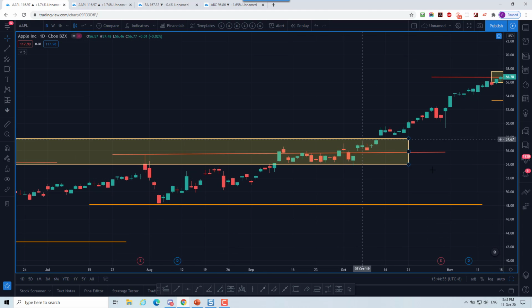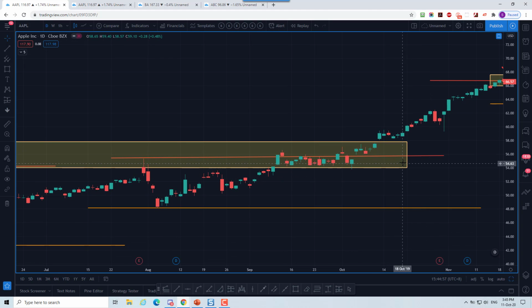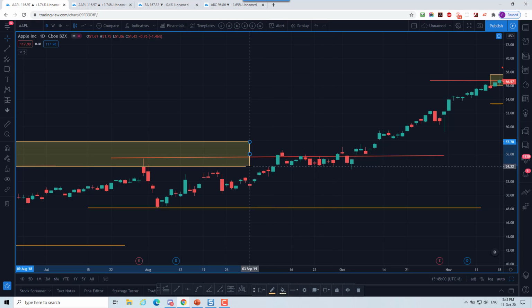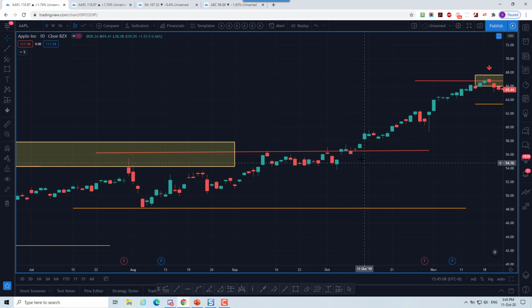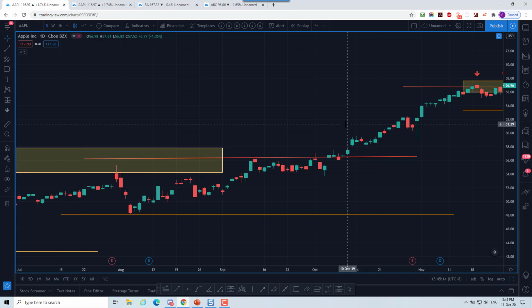Same goes here. You can see how many times the price tested: 1 time, 2 times, and the 3rd time it came back down, and the 4th time the price managed to breach through the zone.